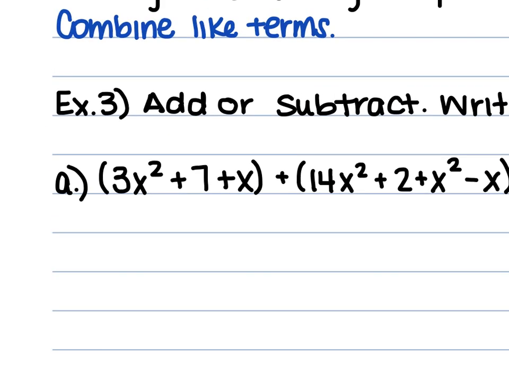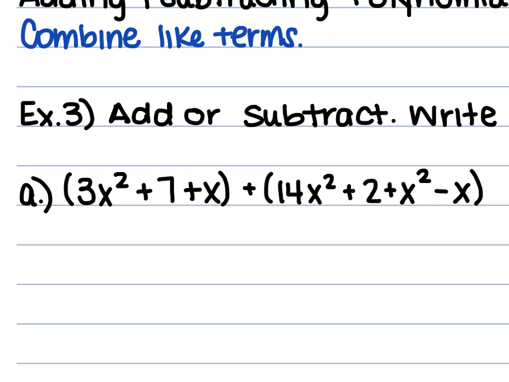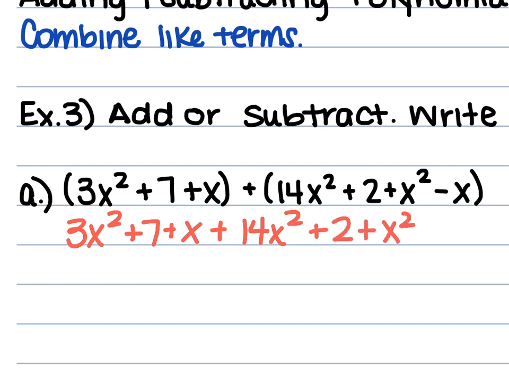So for example A, we have 3x squared plus 7 plus x plus 14x squared plus 2 plus x squared minus x. So we can rewrite these without the parentheses. So start with your highest degree.